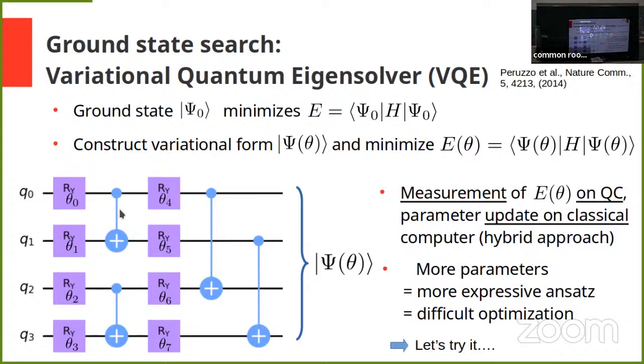This is what the CNOT is doing, because it entangles the qubits. So at least this is the most basic way of creating a superposition of states, and then it's essentially a sum of Slater determinants by using the CNOTs. Of course, no one tells me that this 0 and 1 CNOT should be here instead of here. So there's some arbitrariness in the method, because this is something which has crystallized out over time.